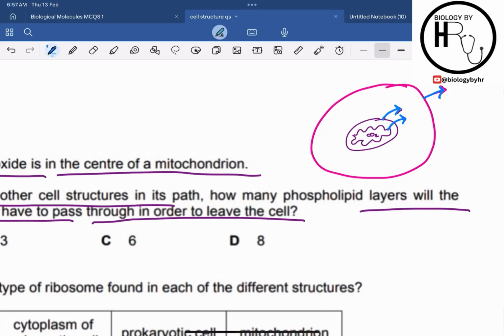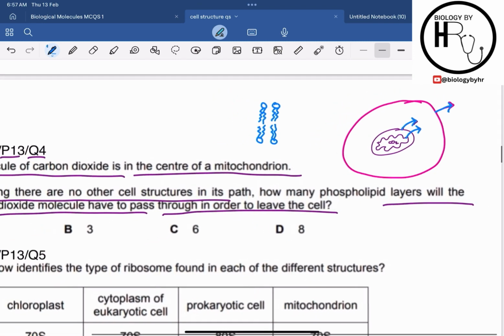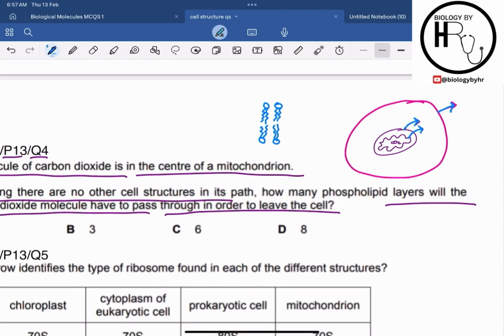We know that one cell membrane is a phospholipid bilayer, so just this membrane consists of two phospholipid layers, because the cell membrane has a bilayer of phospholipids which makes up the hydrophobic core.